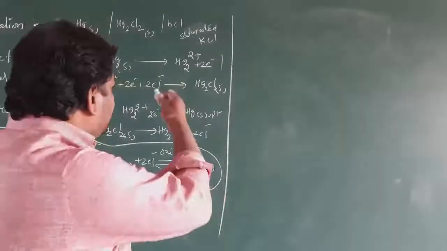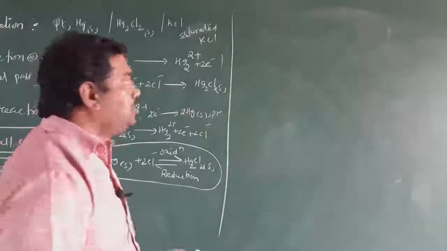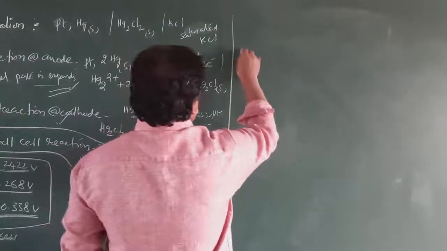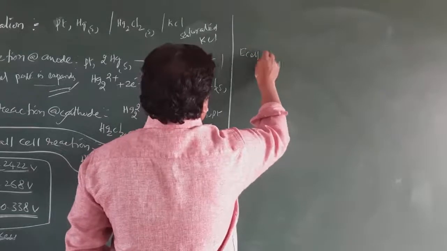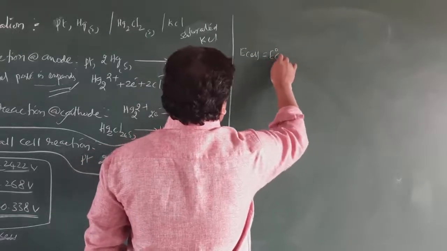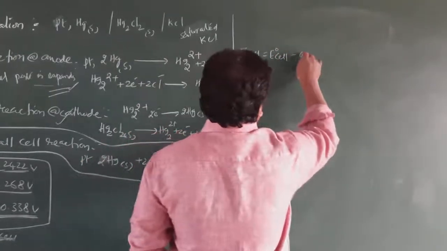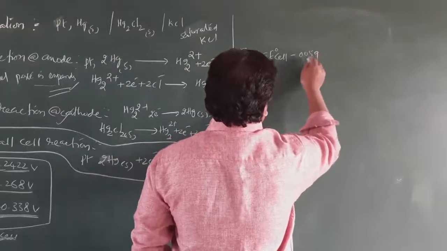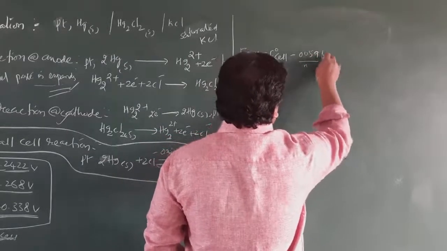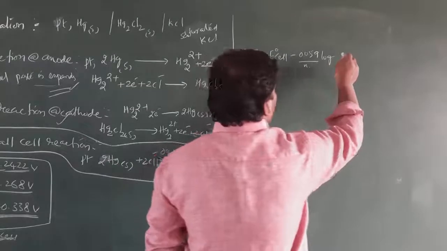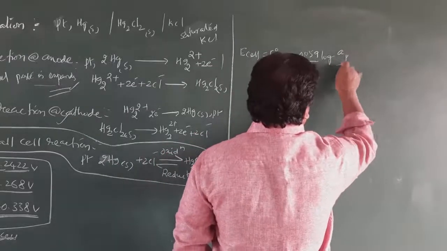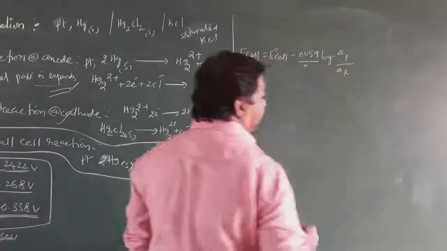For this cell reaction, using the Nernst equation, E cell is equal to E naught cell minus 0.059 by n into log of activity of products divided by activity of reactants. Clear?